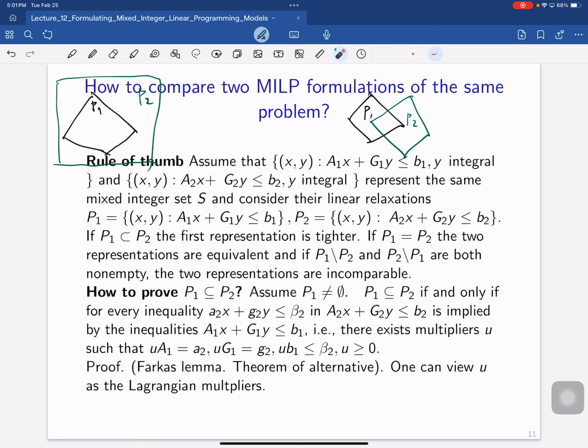Then you have u less than or equal to beta 2. As you can see, after you aggregate the left-hand side, let them equal A2 and G2, then the right-hand side is less than or equal to beta 2 here. Then that implies this inequality is true. So this Lagrangian multiplier is like a certificate to show you this inequality is implied by the system of inequalities in P1.